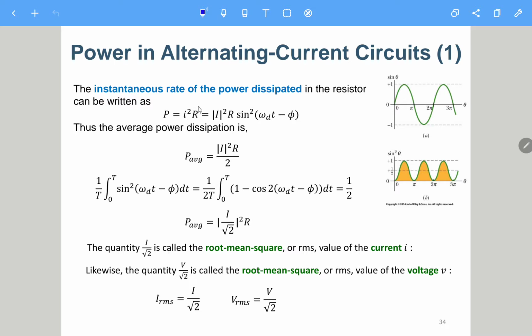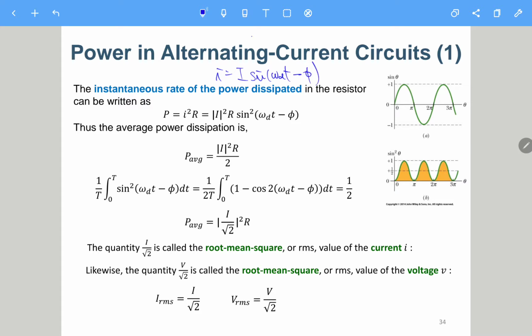And actually here it is an AC source, so the current is also an AC current, which means that if we try to plug in I equals the absolute value of I times sine of (omega t minus phi).